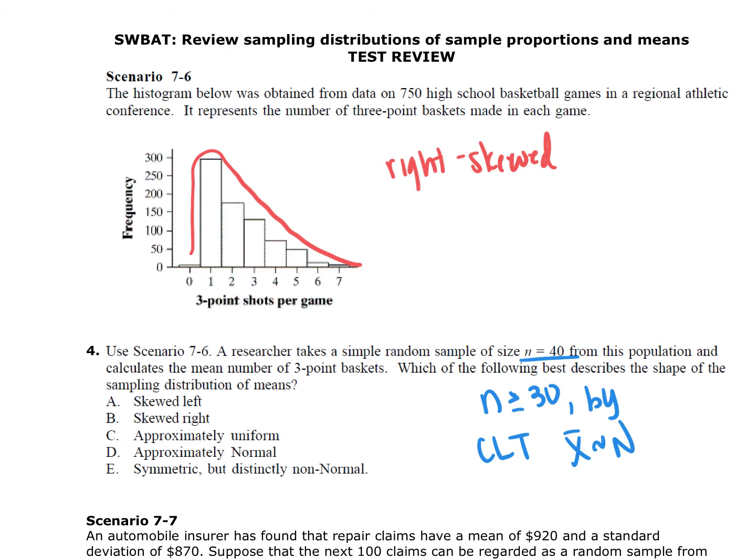And so notice the answers: skewed left, well, no. Skewed right is the original distribution, the population, no. Approximately normal should be the answer right here.